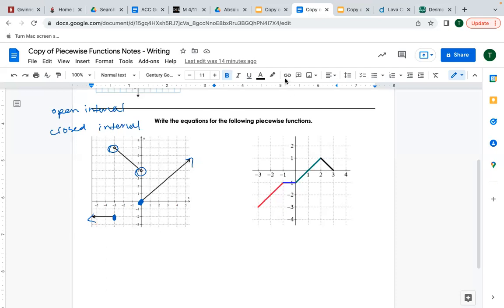All right, so if I'm writing an equation for this, I'm going to look at this piece right here first. How do I write an equation for this line? Well, it's a straight line that goes horizontal, so that's going to be y equals -2. And where does that actually occur? Well, it happens from -3 to negative infinity, so it's less than -3. Now, since it has this closed circle, I'm going to show you how we're going to write that.